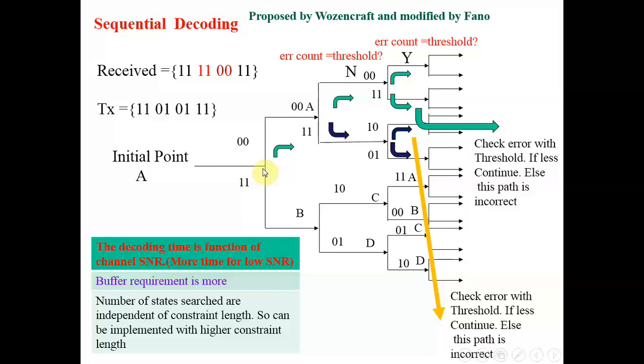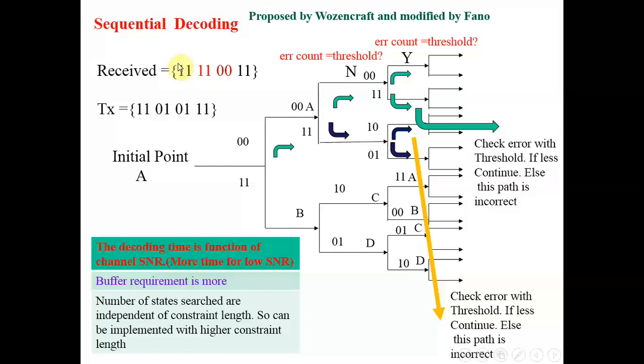Now A has 2 options, 00 and 11. These are the 2 possibilities from A. If I go from A to A, my output is 00. If I go from A to B, my output is 11. Now the philosophy of sequential decoding is to try to follow the path which will be closest to the input which you are receiving.